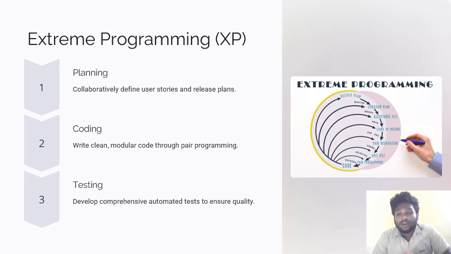Next is coding. According to the information gathered from the client, we should code the program. And testing. In testing, we should check whether we are getting the desired output or not by communicating with the client.